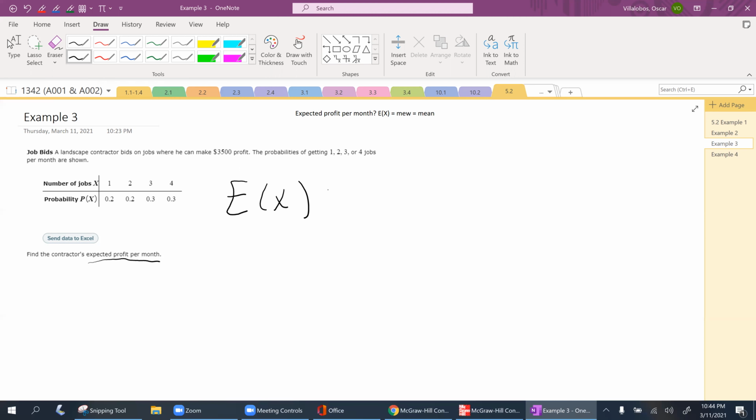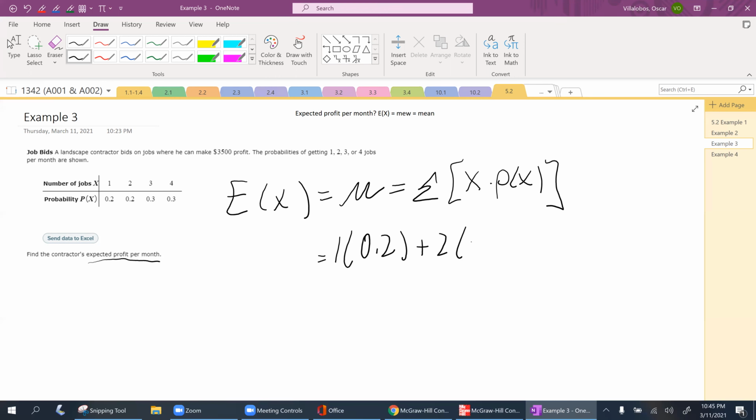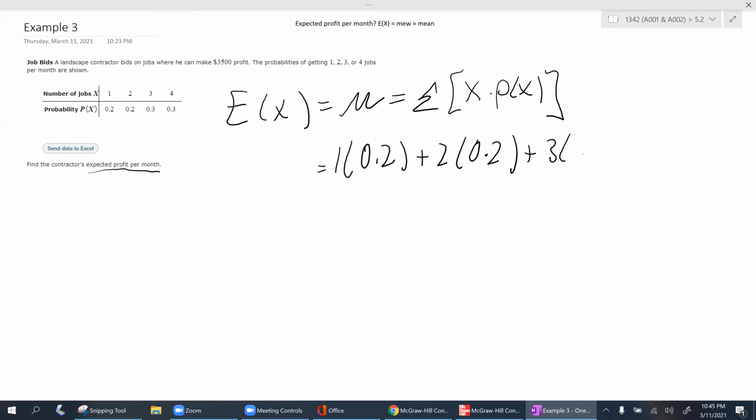We said this is just my mu, and we said mu was the sum of getting my X values and multiplying them with those probability values. So in other words, the expected value is just 1 times 0.2 plus 2 times 0.2 plus 3 times 0.3 and plus 4 times 0.3.